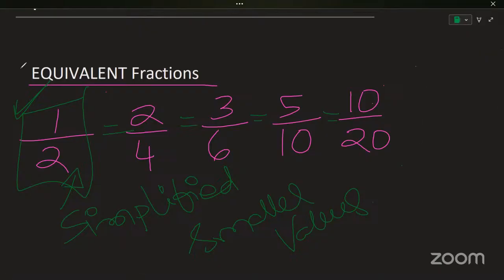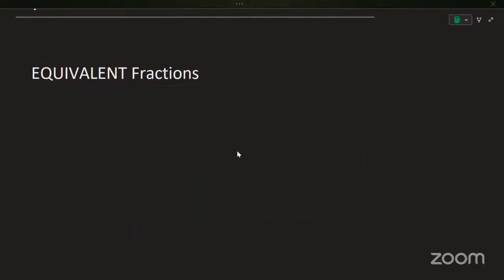Guys, have you written these equivalent fractions and the equivalents to all these numbers? Yes. Okay. And whatever number is given, we have to simplify them. Writing the smallest fraction is called simplification. And how to do simplification? We have to divide numerator and denominator. Okay.